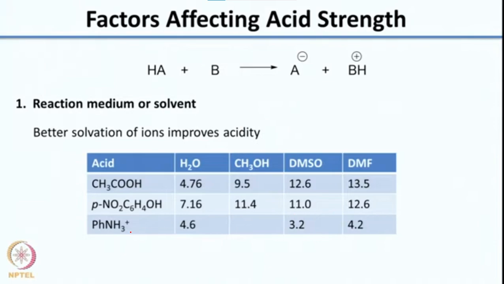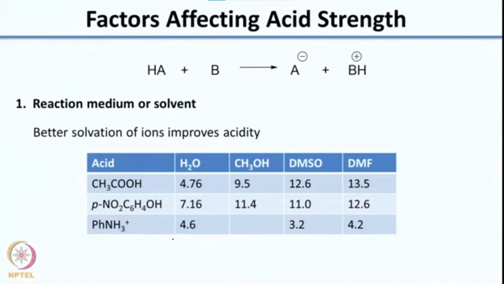In the case of phenyl amine with NH3 plus, all of you know that it is a base, nitrogen is present, but the pK value in water is 4.6. But in DMSO and DMF, the pK value is reduced because of high solvation.